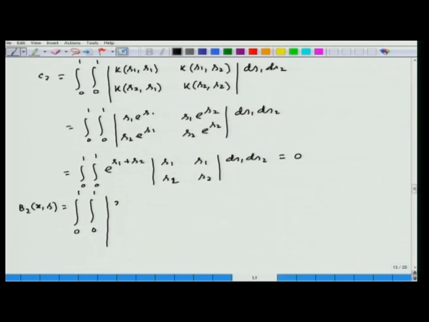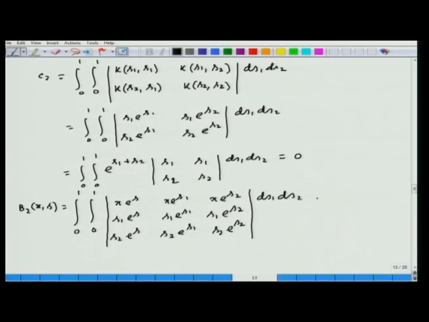First row will consist of x e to the power s, then x e to the power s1, and then x e to the power s2. Then second row will be s1 e to the power s, s1 e to the power s1, s1 e to the power s2, and third row is s2 e to the power s, then s2 e to the power s1, and then s2 e to the power s2, with respect to ds1 ds2.